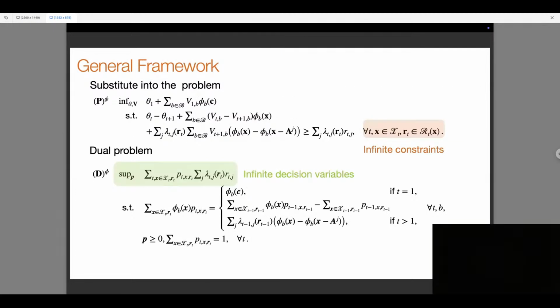which is very hard. One commonly used technique for this infinite number of decision variables in a programming problem is column generation.